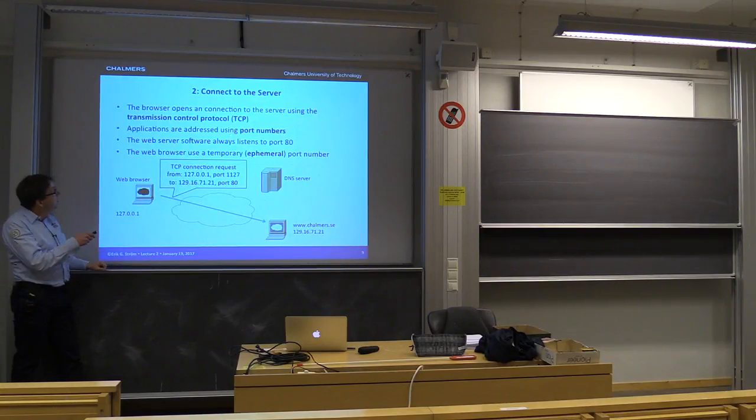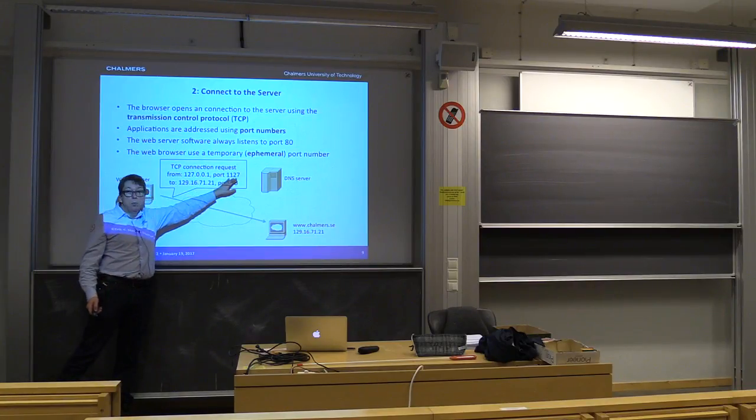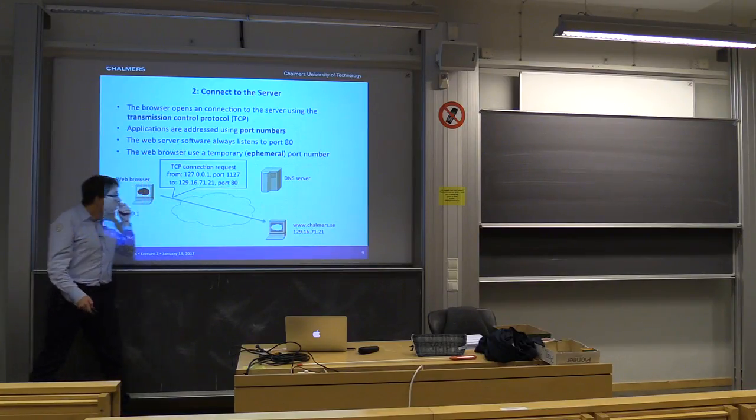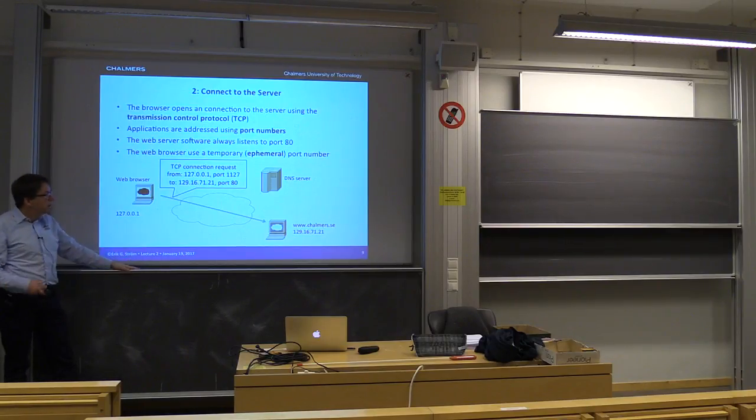That is defined by a port number. The web browser does not have a fixed port number, so it just invents one randomly from a pool of port numbers. For this particular case, it randomly selected port 1127.